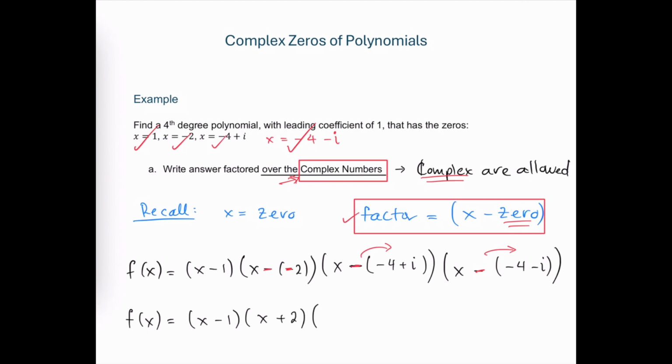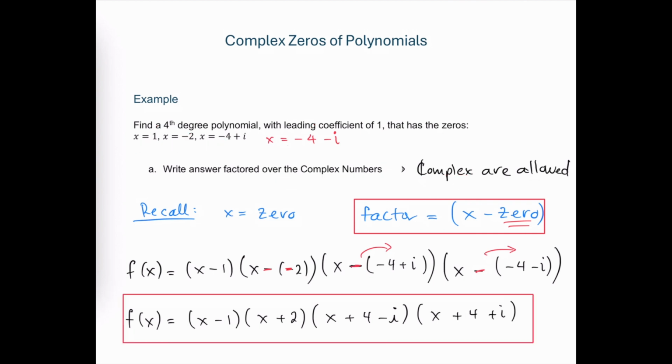And when we distribute the negative into this first complex zero, we'll have x plus 4 minus i, and then x plus 4 plus i. So this is our polynomial written in factored form, factored over the complex numbers. Just a quick note, it does say that we want the leading coefficient to be +1, and this polynomial will have a +1 leading coefficient since there was no other constant multiple on the front.